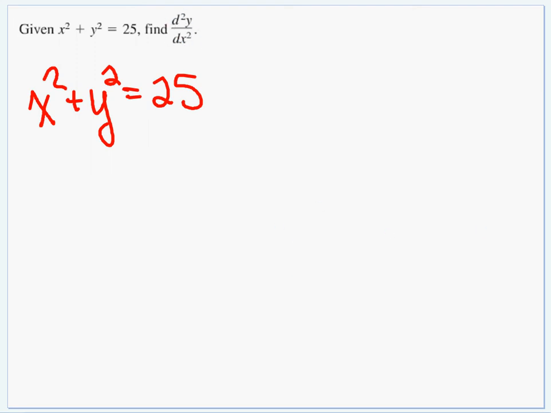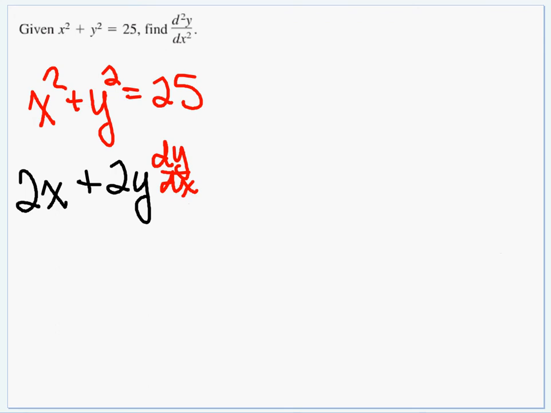Okay, so we're going to derive it once, and then we're going to just derive it again. So let's derive with respect to x. The first term is just going to be a 2x, no problem. Our next term is going to be a 2y, but since we are deriving with respect to x, a dy/dx appears, and that's equal to the derivative of 25, which is nothing.